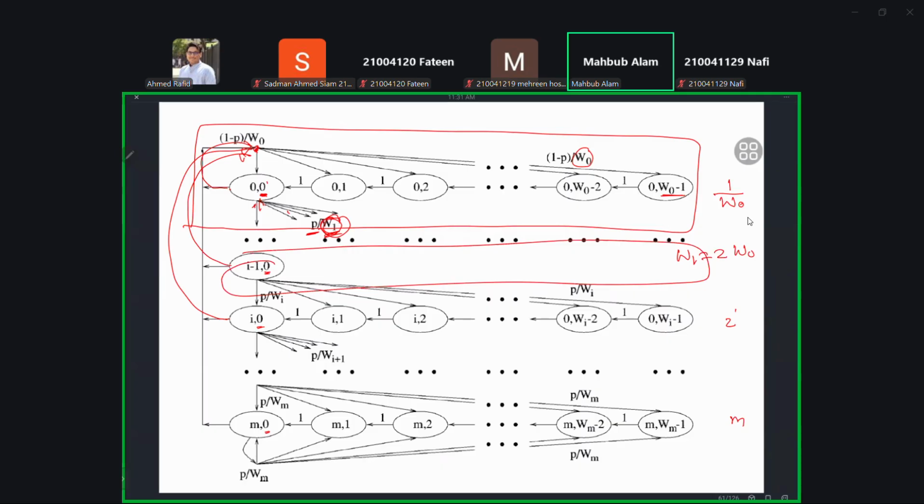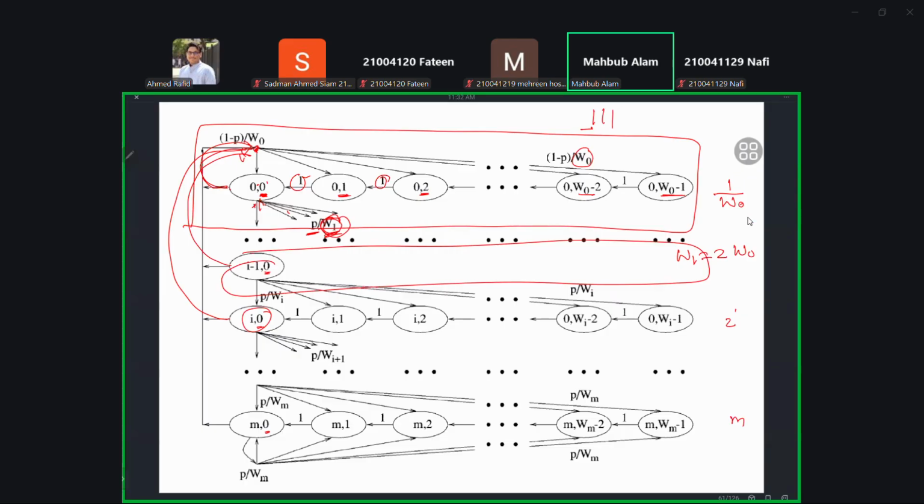Or with probability 1 minus P, a success occurs, and the station again chooses a backoff slot between 0 to W0 minus 1. When a backoff value is chosen, then in every free slot, if the station finds a free slot, it decreases the value by 1. So 2 becomes 1 with probability 1, 1 becomes 0 with probability 1. And when the value reaches 0, the station transmits.